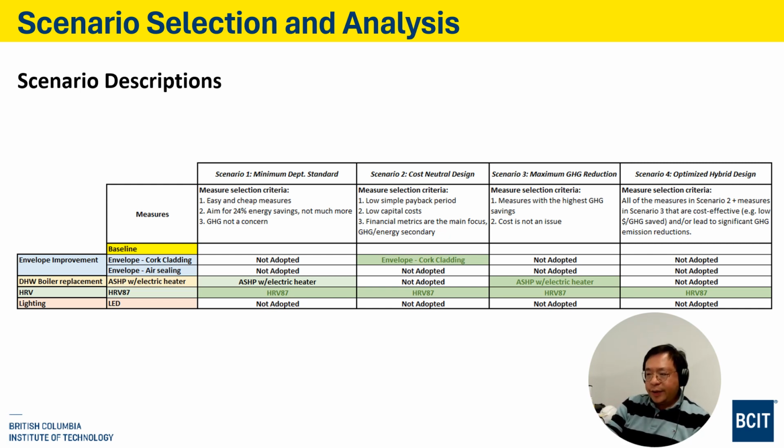For scenario two, we only consider the capital investment. So we will consider the quad grading, as we do not need to spend too much, and also the HRV. We also don't need to spend too much. It's about $70,000 per measure. So I would say it is not a very high amount.